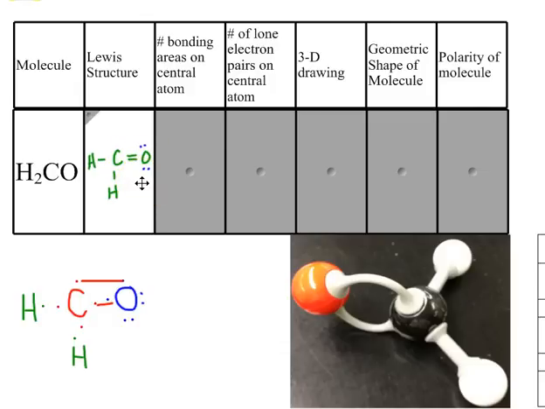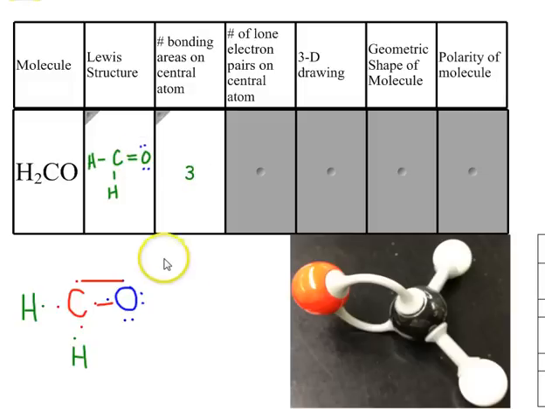The O will have two lone pairs of electrons on it, and the carbon will have two hydrogens coming out from the center. So now we really need to focus on the central atom of carbon. If you look at the carbon, I see that there are three bonding areas. One to the hydrogen here, another to the hydrogen down here, and one bonding area to the oxygen.